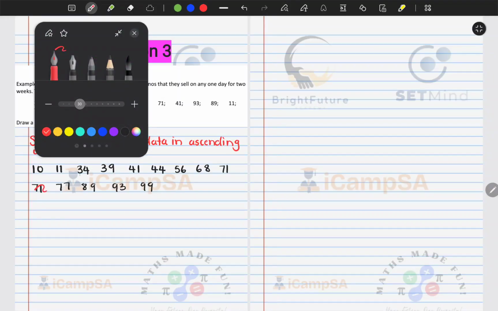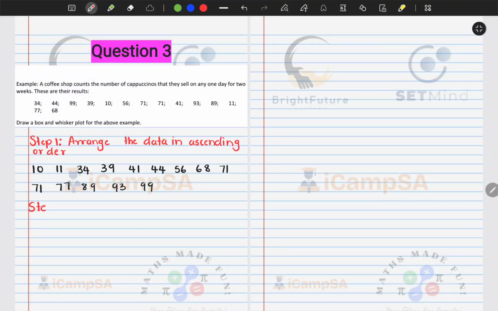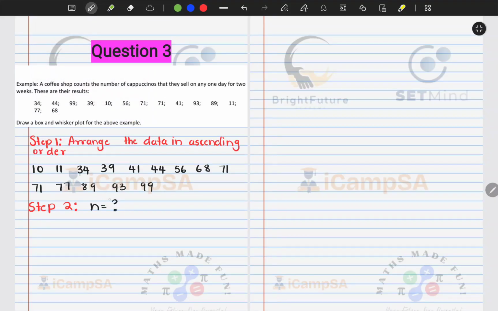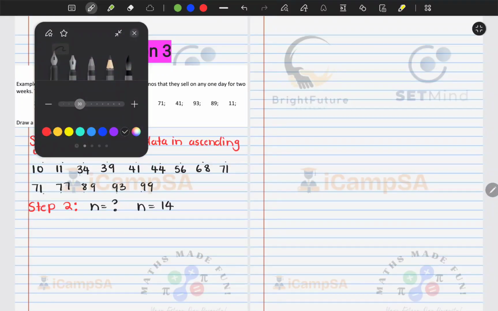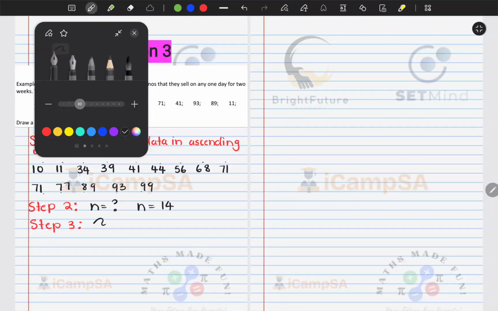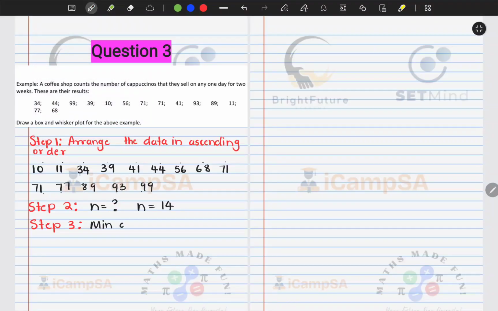Now we go to step number 2, where we want to figure out what is n. If you observe carefully, you have 1, 2, 3, 4, 5, 6, 7, 8, 9, 10, 11, 12, 13, 14. So n equals 14, so 2 weeks. Then step number 3, we want to figure out the min and the max.